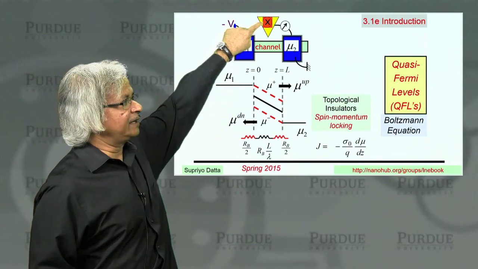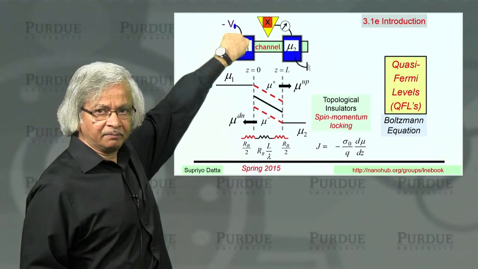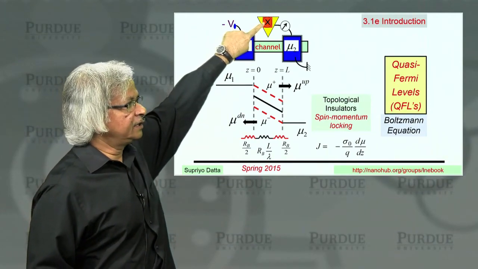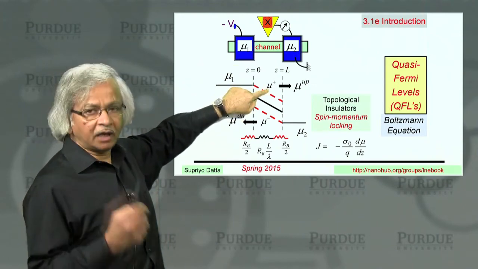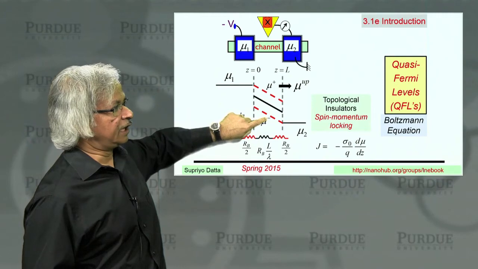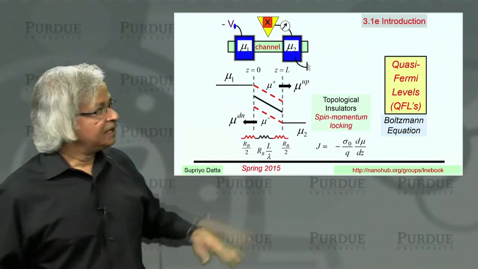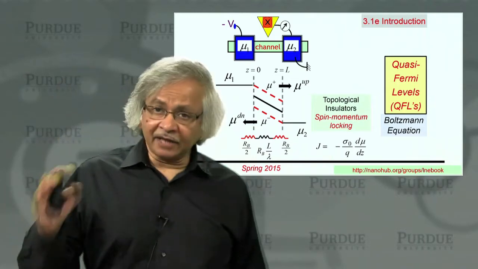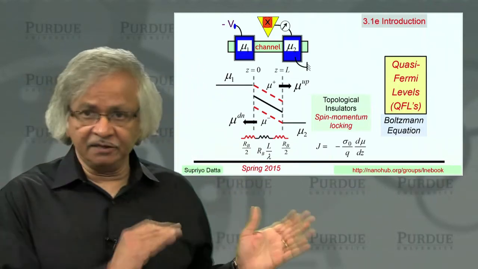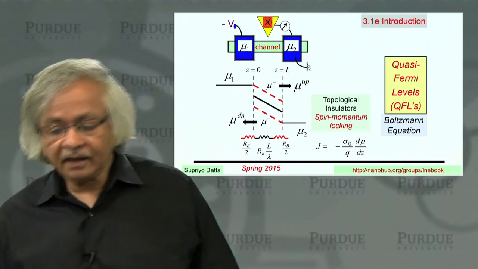That is, if the magnet points into the paper, like I've shown here, then you'd be measuring, say, up. If it points out of the paper, you'd be measuring down. So these quasi-Fermi level differences can actually be measured today and have been measured, you see.